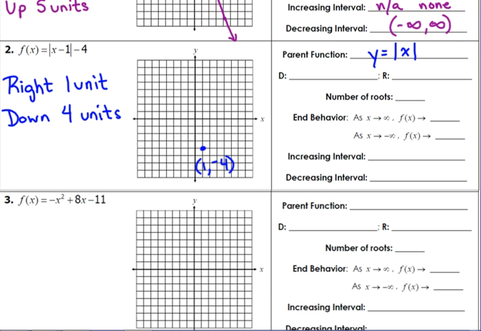We didn't multiply it. We don't have a negative in there. The basic shape still exists. The right side has a slope of positive 1. The left side has a slope of negative 1. So I can graph my absolute value function from there without a calculator.